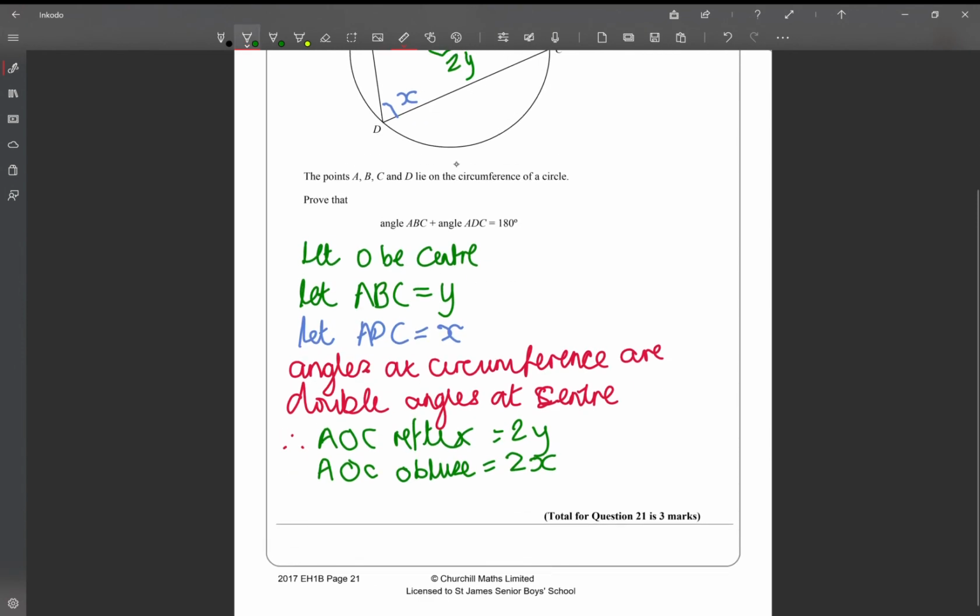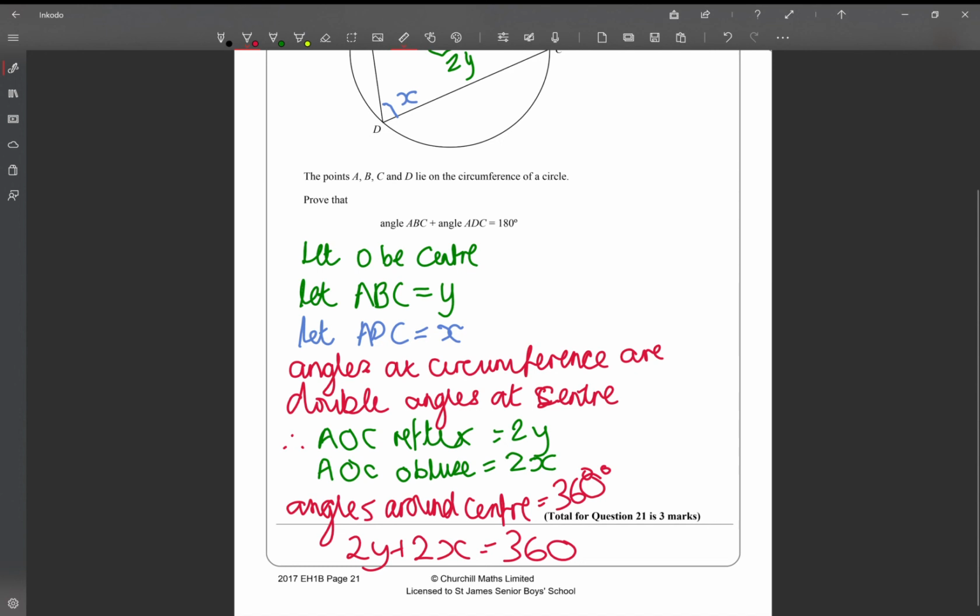So angles around a centre equal 360 degrees. 2y plus 2x equals 360.